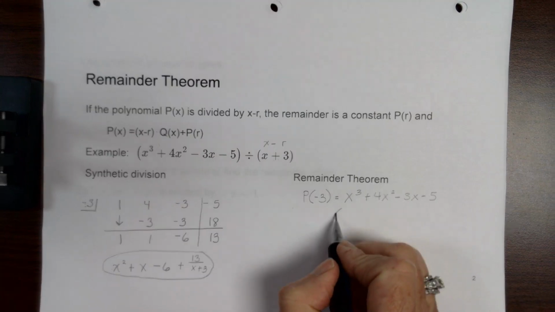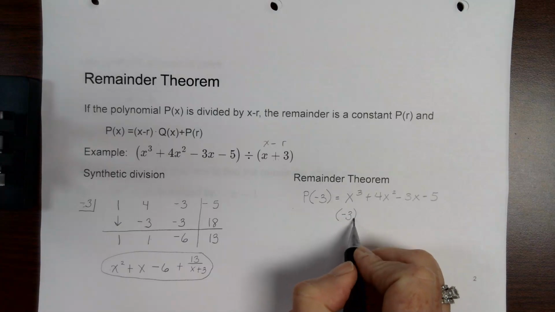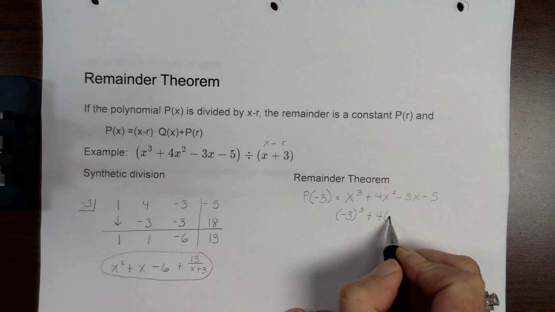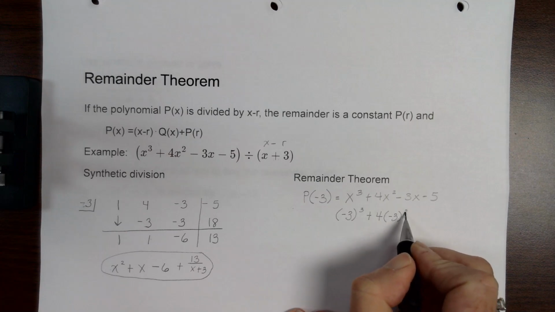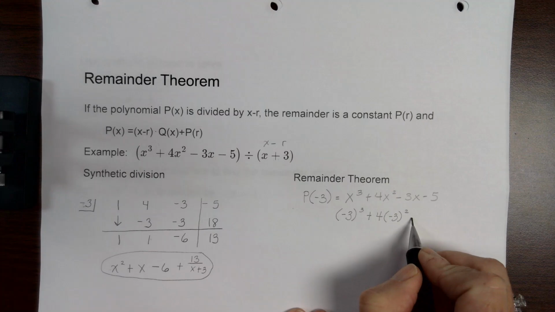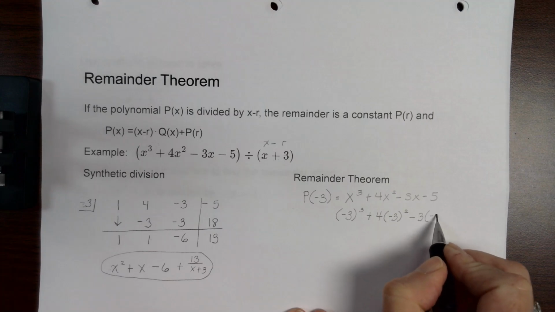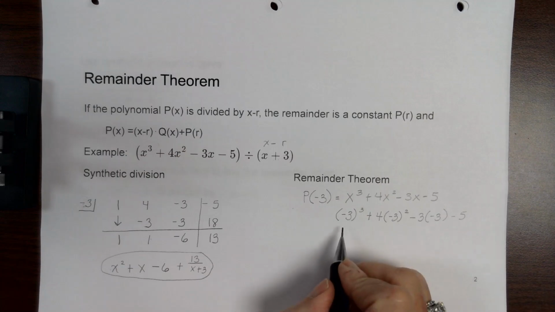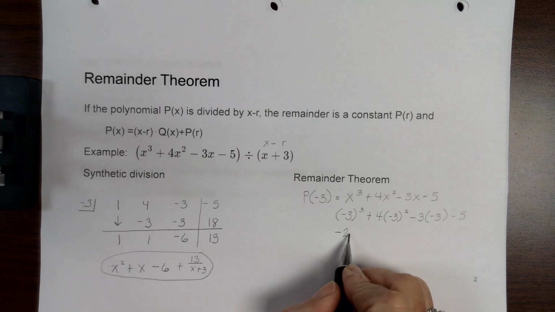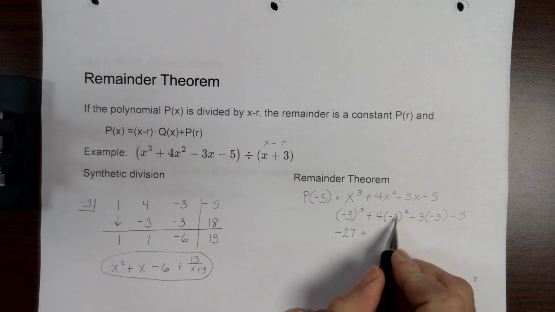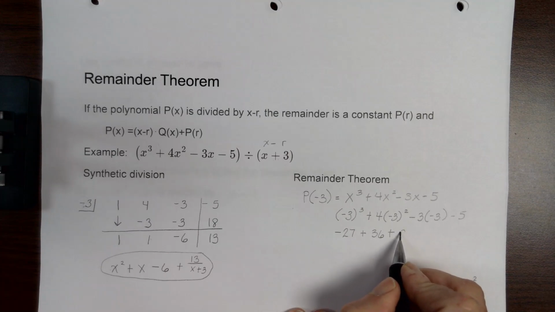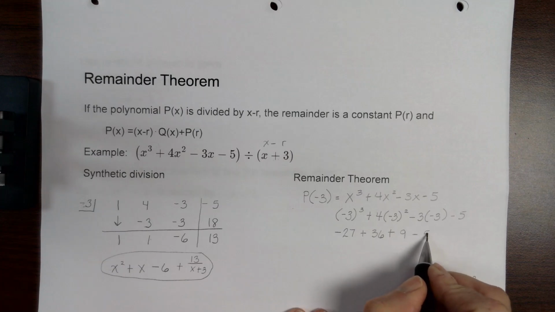So if I plug this in, I'll do it by hand since I don't have my calculator right here. Everywhere I have an x, I'm going to plug in my -3. So this is going to give me a -27. And this would give me a positive 36, plus 9, minus 5.